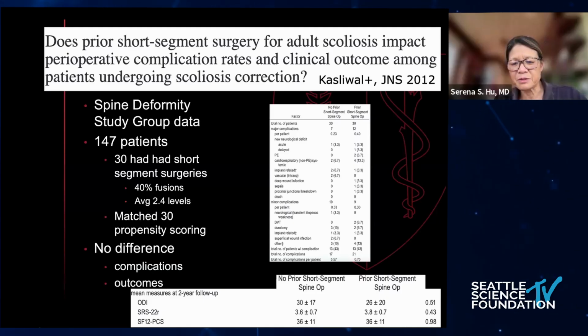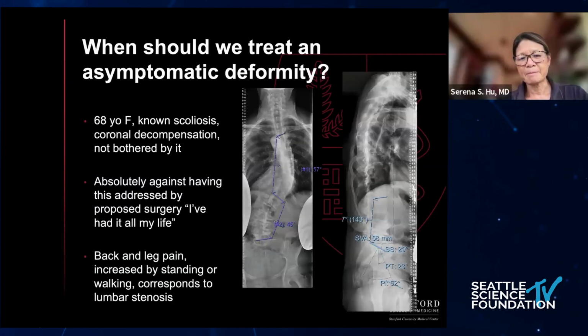Essentially, what they found is that if you'd had a prior short segment fusion, there was really no difference in the clinical outcomes with respect to functional outcomes, patient-reported outcomes, and the complication rate. So, a prior short fusion doesn't necessarily mean it would be more complicated or a more limited outcome.